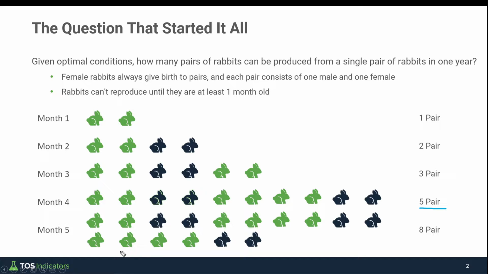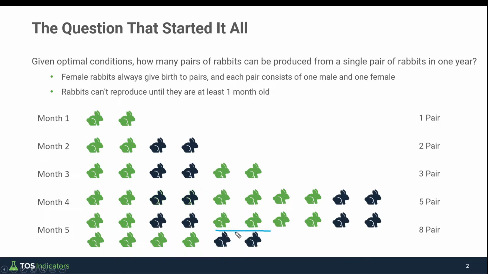Now we move on to month 5. So we have the original pair of rabbits, which reproduced one more time. This time that reproduced pair can be found right underneath. We have the 2nd pair, the original blue pair of rabbits, which have reproduced one more time, which can be found right here. We have that pair which has now turned 1 month old, the ones from month 3, which can also start to reproduce.